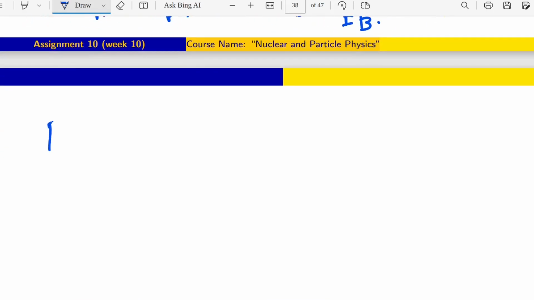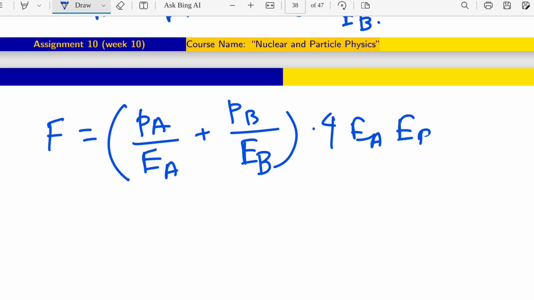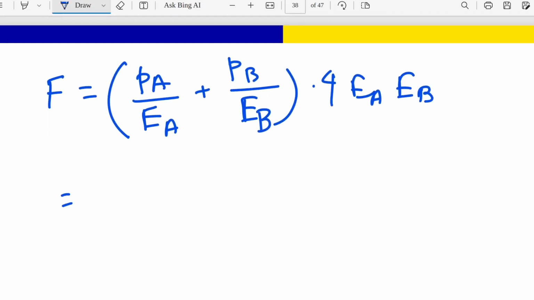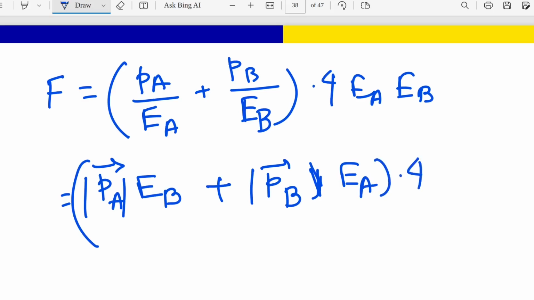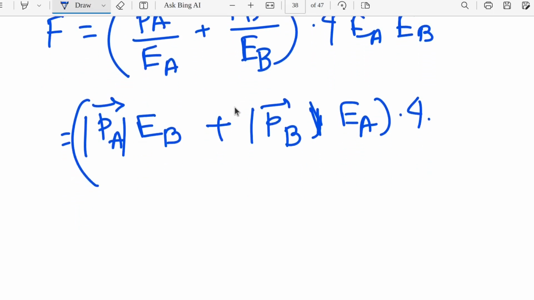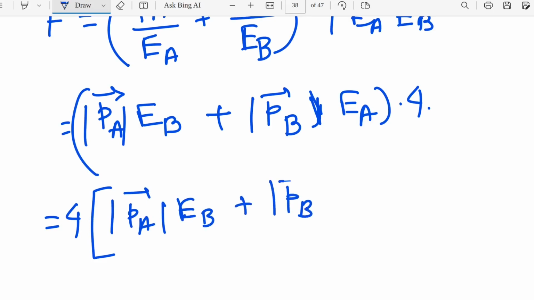With a little mathematical calculation, it will be the mod of PA EB plus PB EA, because the EA EB factors cancel, divided by 4 EA EB. So the answer is the mod of PA EB plus PB EA over 4 EA EB.